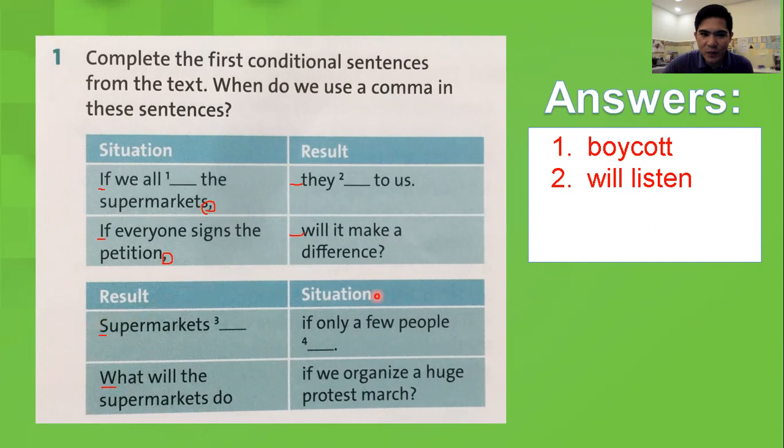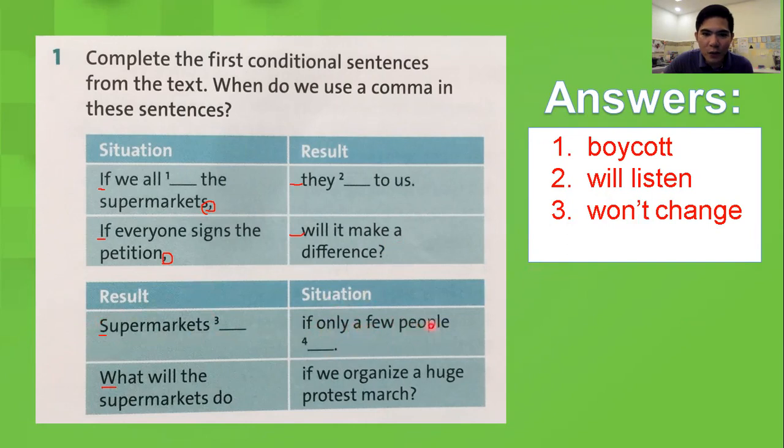Result first, then the situation. Let's see. Supermarkets blank if only a few people blank. The answer is supermarkets won't change. This time, we use won't. It's the negative for will. Okay?